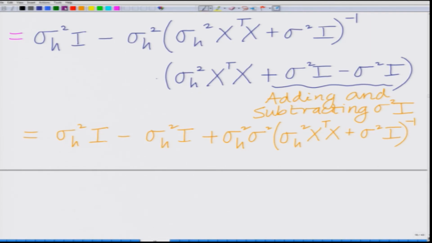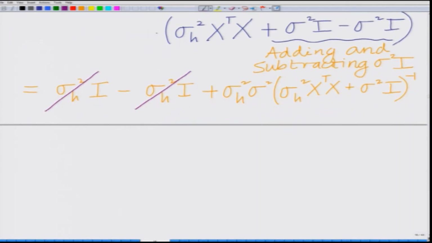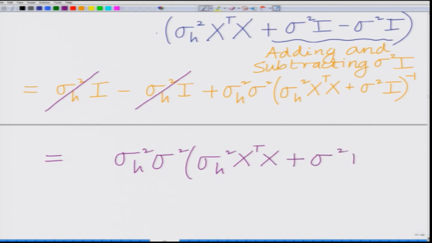And now, you can see the two quantities sigma_h^2 I and minus sigma_h^2 I cancel, and what we are left with is the error covariance: sigma_h^2 sigma^2 times (sigma_h^2 X^T X plus sigma^2 I) inverse.